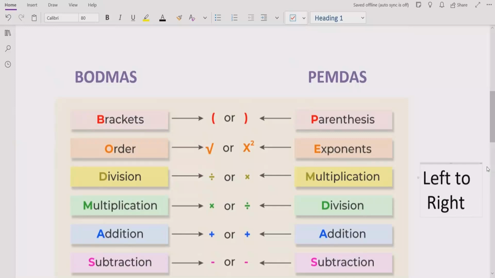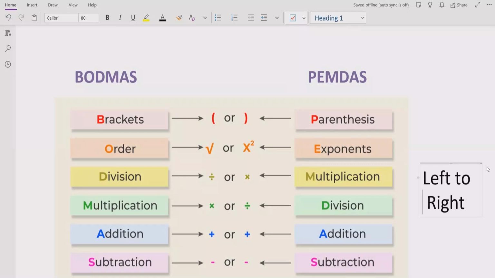As you can see on the screen, B is the bracket in BODMAS and P is the parenthesis in PEMDAS. It means that if your expression contains any bracket, you have to solve that part first. After that, you have to see the exponent or power in any number, so you have to solve that part after the bracket.